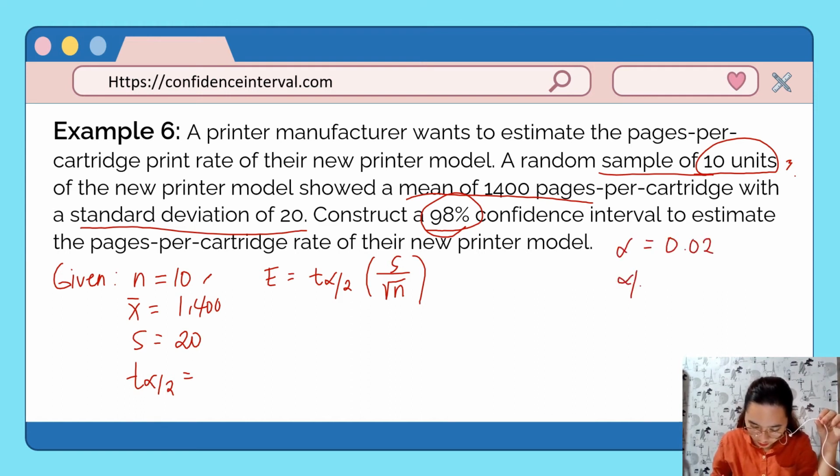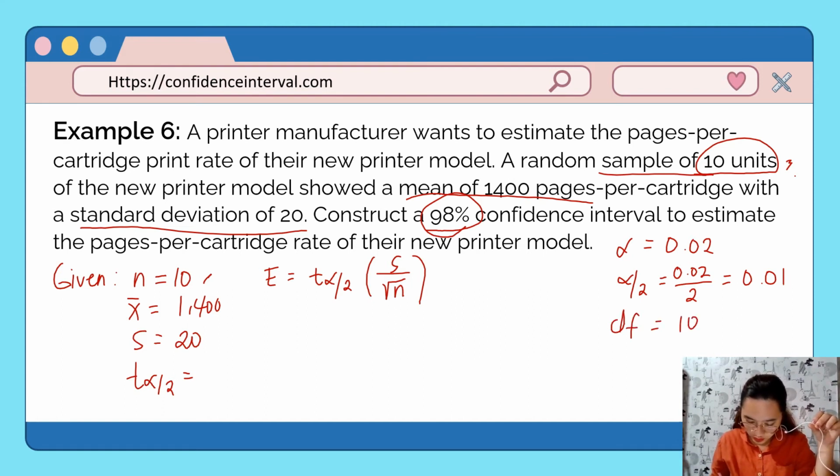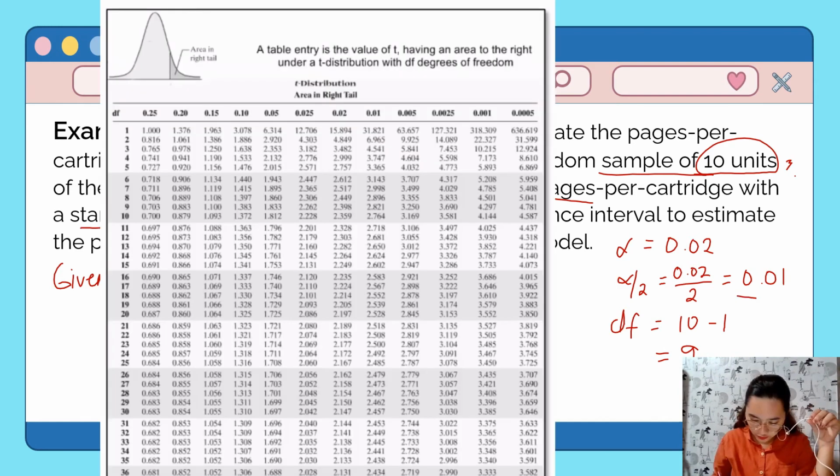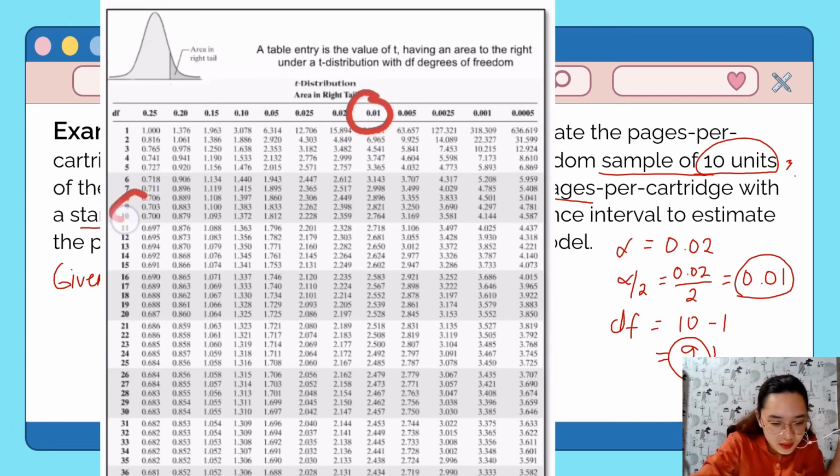At ang alpha over 2 natin is 0.02 over 2, and that will give us 0.01. So, 0.01 ang alpha over 2, while ang ating degree of freedom naman po is n minus 1. That could be 10 minus 1 is equal to 9. Therefore, ang hahanapin natin sa t-table natin ay yung 0.01 at saka yung 9.